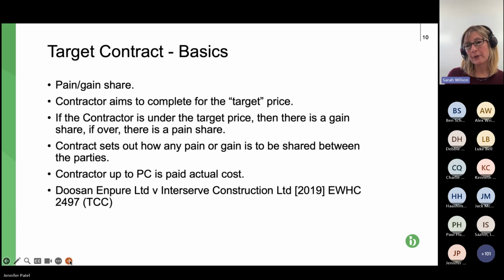But of course, vice versa, the opposite applies if it's in a pain situation. What you need to be careful of is a scenario which says if it's in a pain situation, then the employer, stroke client, can claw the money back, but it doesn't work both ways. So just be careful with that. I think I've seen that once. So next slide, please.